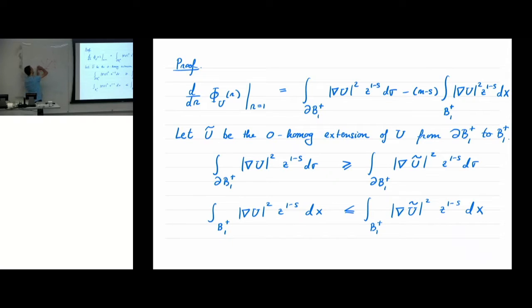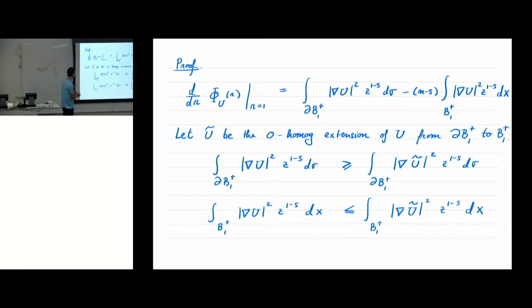I keep the same boundary data on the upper ball. On the bottom I modify it, but I still have only values 1 and -1, because I extend the value of my trace that I see on this circle and copy that on the whole ray. So this is an admissible comparator. The energy of u tilde is this deformation of u, and I know that it's supposed to be less than the energy of u.